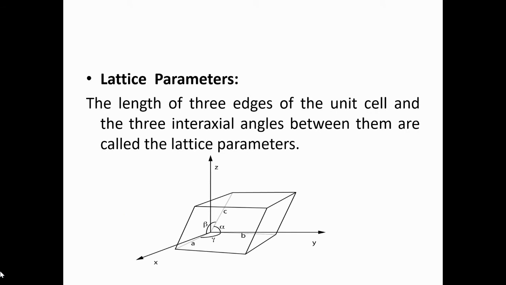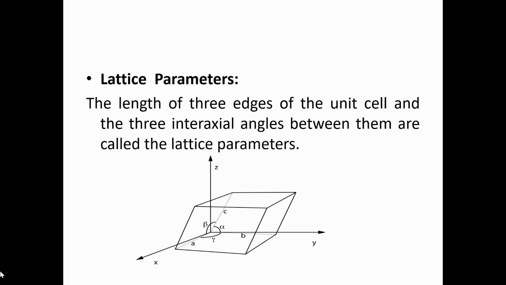Now, the next important factor is lattice parameters. The lattice parameters can be defined as the lengths of the three edges of the unit cell and the three interaxial angles between them. Like in this pictorial representation, you can see the lengths of three edges of this cube.